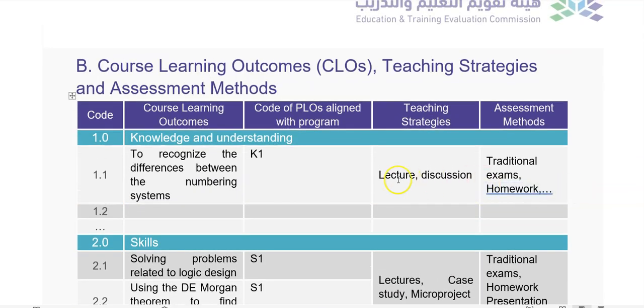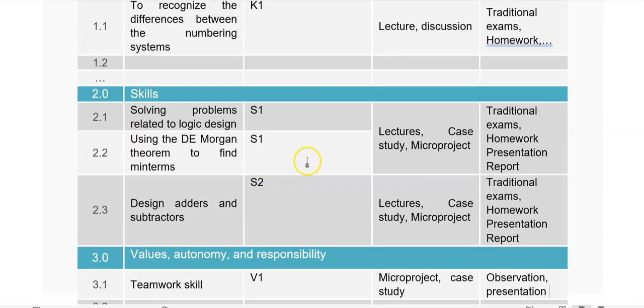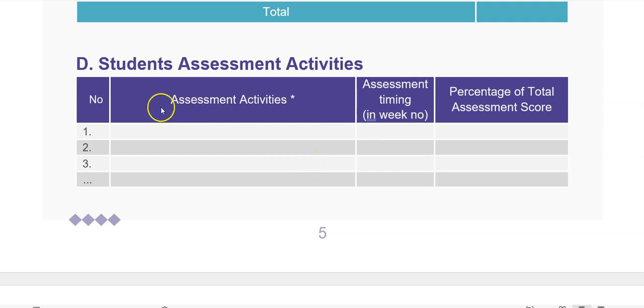So you have now your learning outcomes linked to the program learning outcomes with teaching strategies and assessment method. Now, regarding student assessment activities, you can write, for example, first midterm, second midterm, homework, and quizzes.